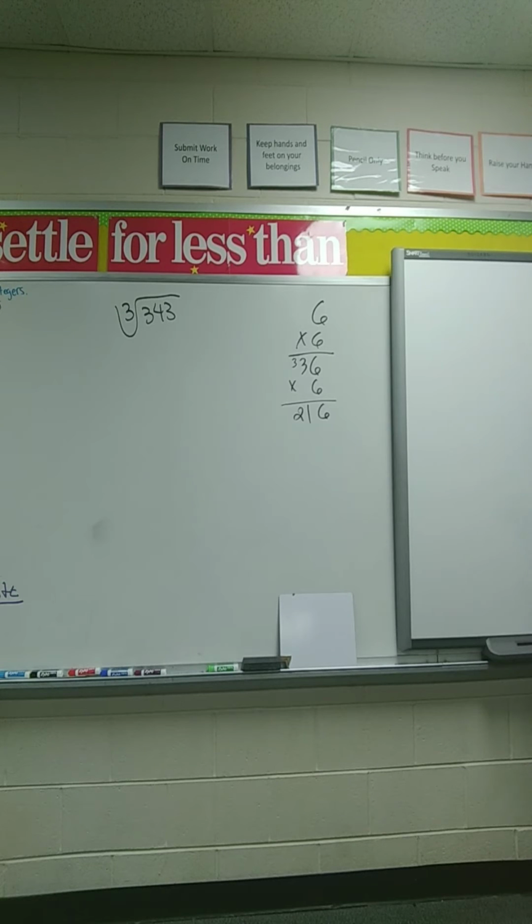So, if we know that 6 cubed is 216, does that give us a starting point? It'll tell us if we're looking for something higher than 6 or something lower than 6.